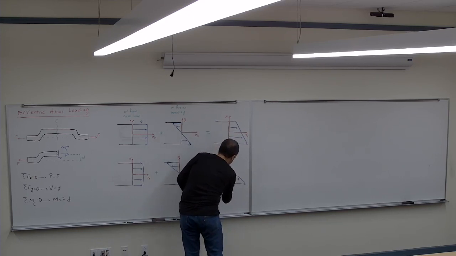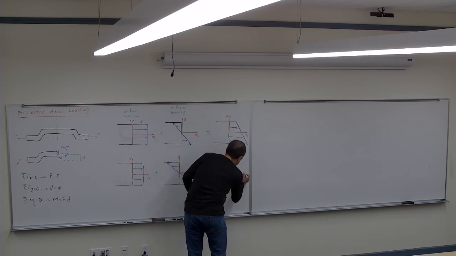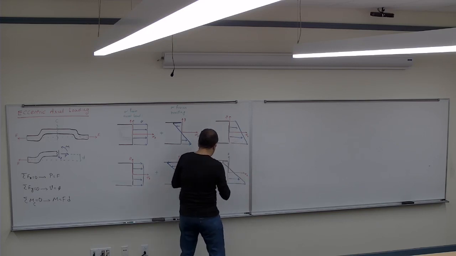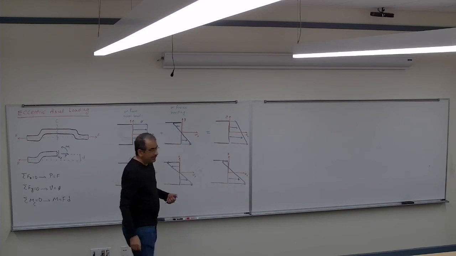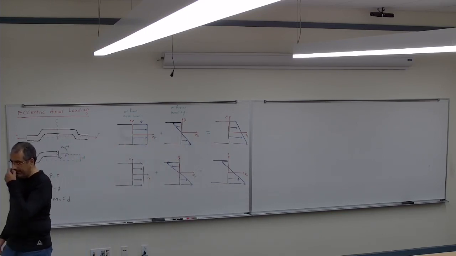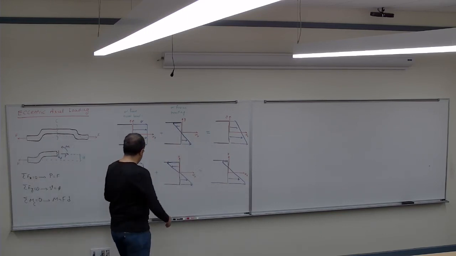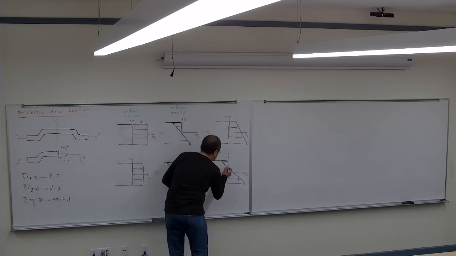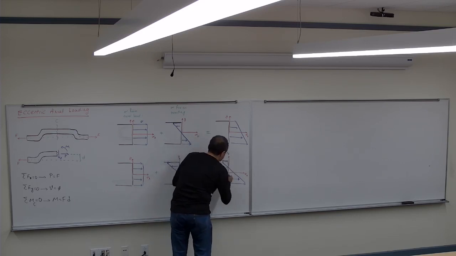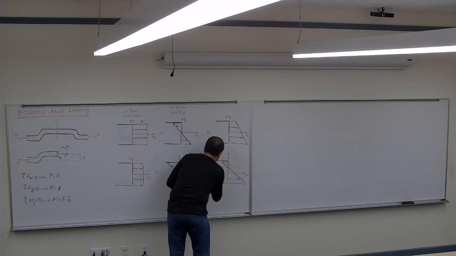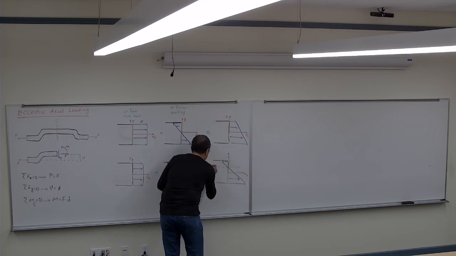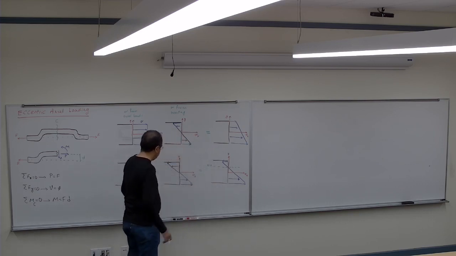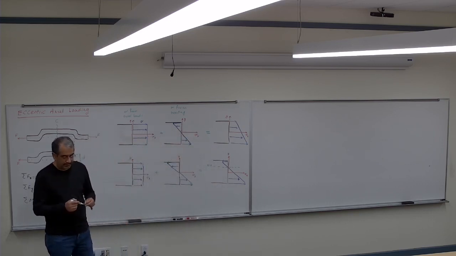We have X and Y. And now if you look at there, I'm going to have the neutral axis. So that's going to be the neutral axis. So now I do have a neutral axis, I can see it, it's going to be there.